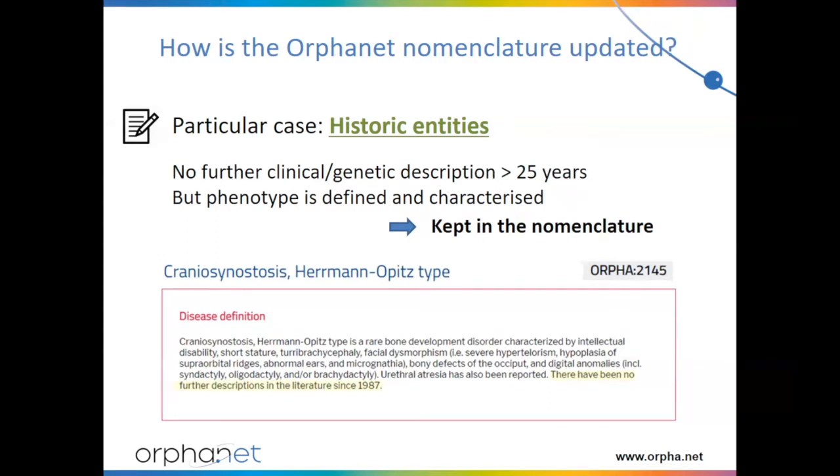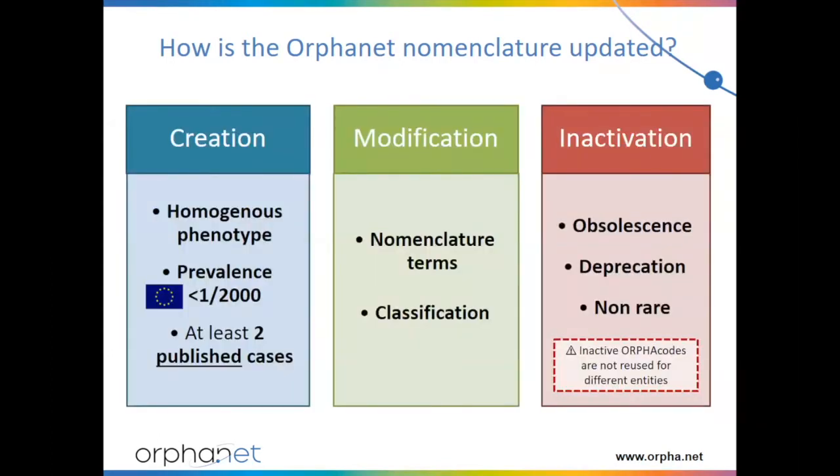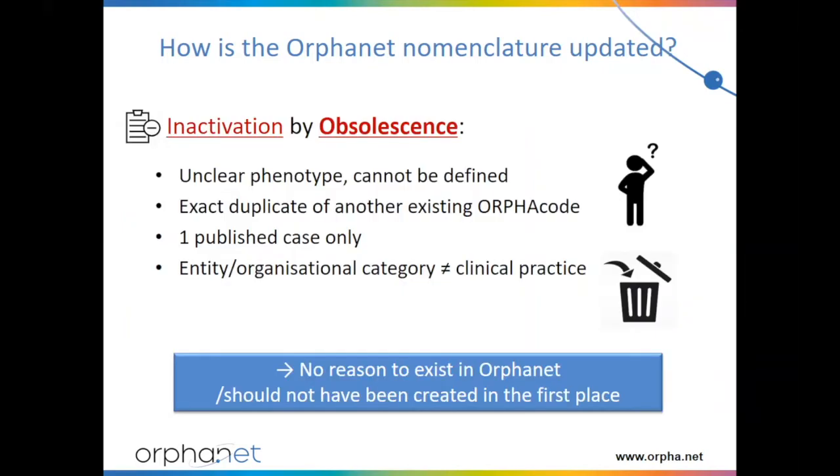The third type of action, and this is an important one, is the inactivation of an existing entity. This can happen in three contexts. The first one is the inactivation by obsolescence, which occurs for four reasons.